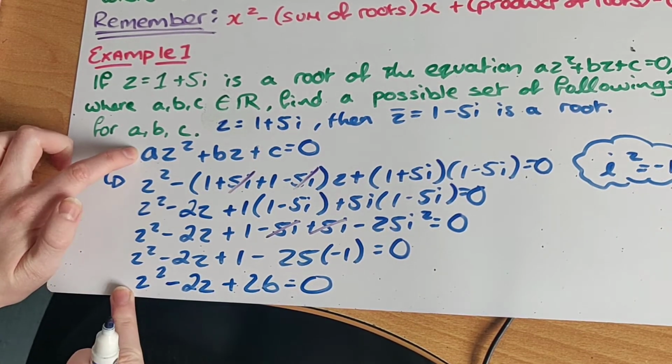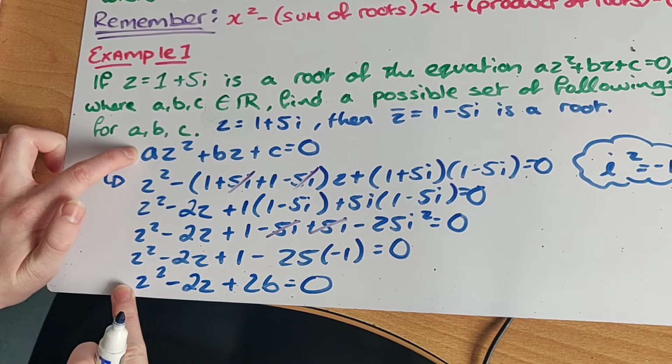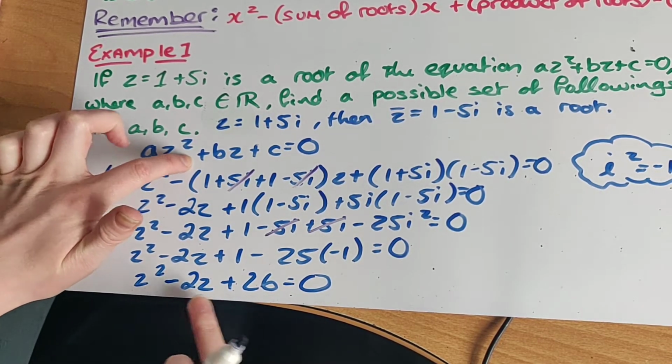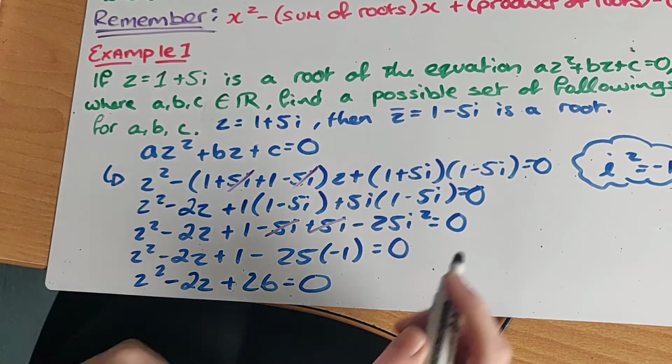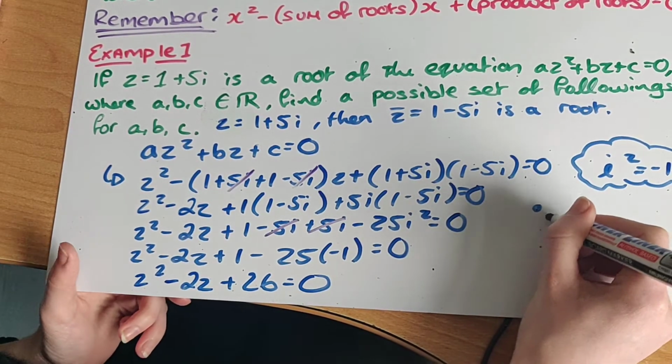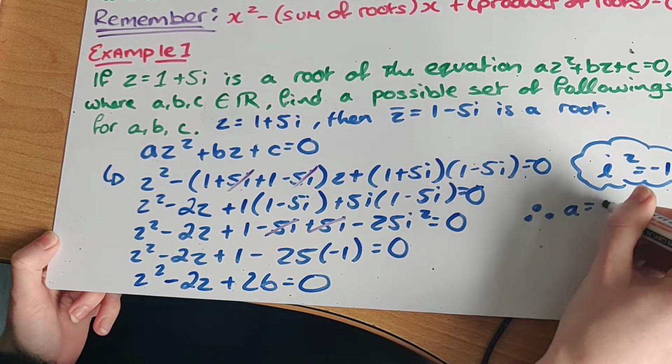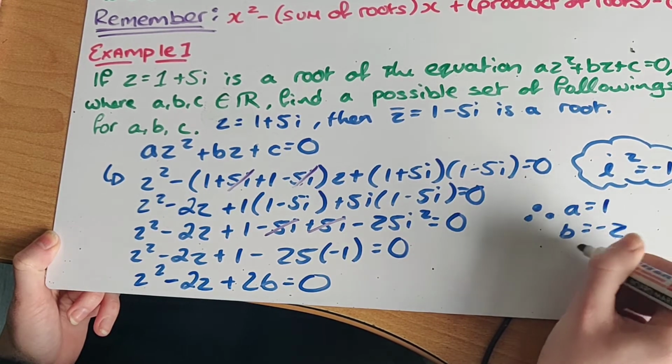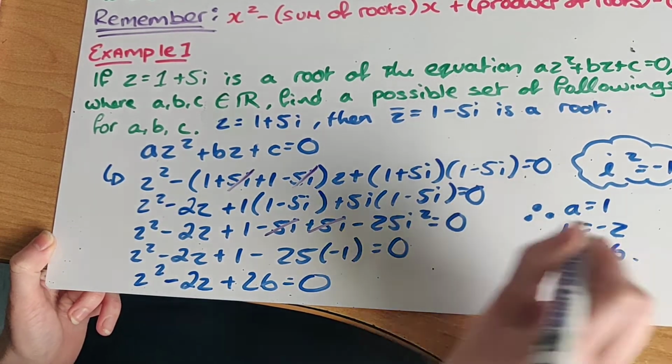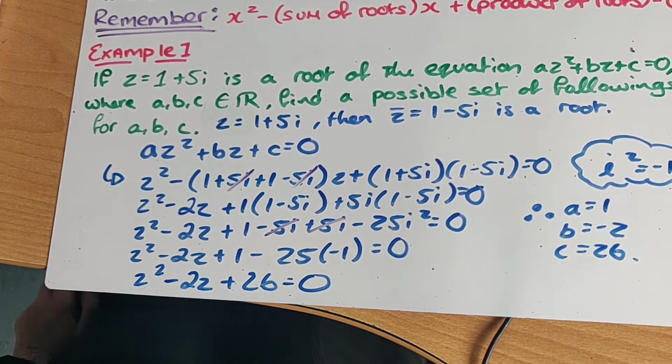Which means a is the number hidden in front of z squared, which we know is 1, b we know is minus 2, and c, the constant, is 26. So I'm going to finish up over here with: therefore a is equal to 1, b is equal to minus 2, and c is equal to 26. And that's how we do example 1 using the conjugate root theorem.